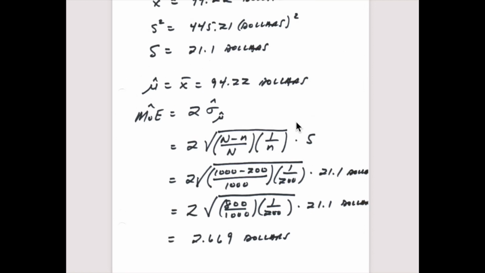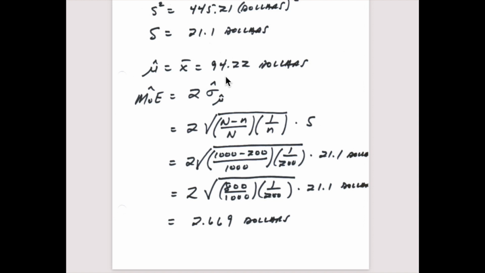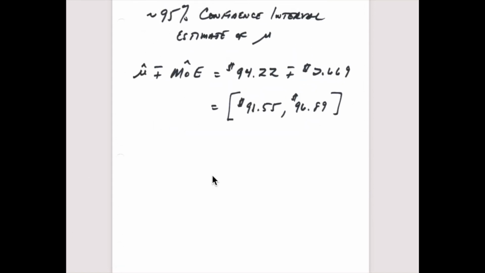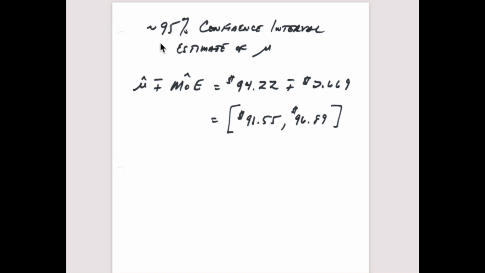And so now that we have the point estimate for the population mean, $94.22, and the estimated approximate 95% margin of error associated with mu hat, we can construct the approximate 95% confidence interval estimate for the population mean amount due among all open accounts to be ranging from $91.55 up to $96.89.